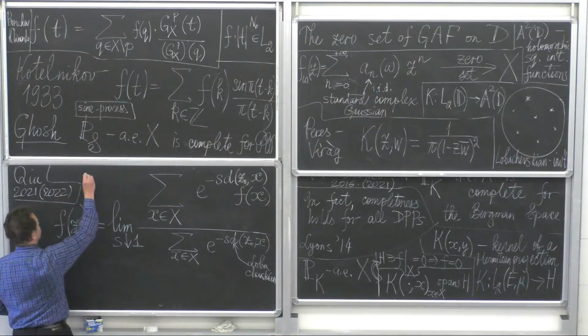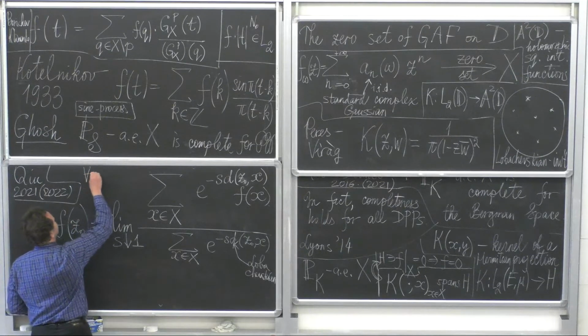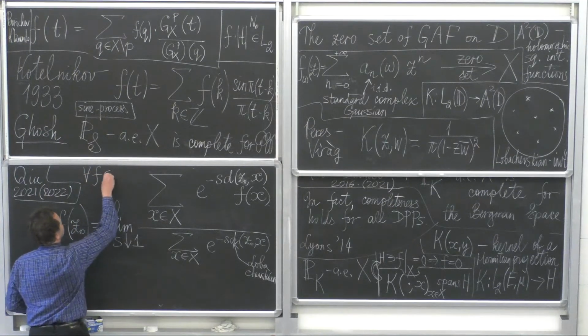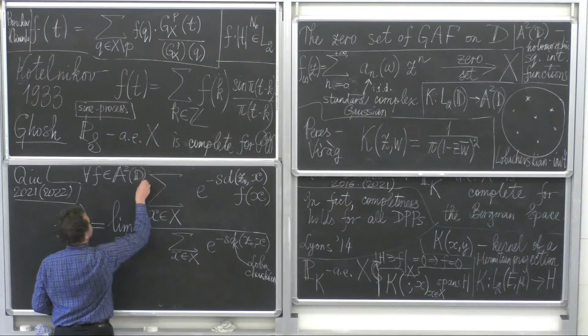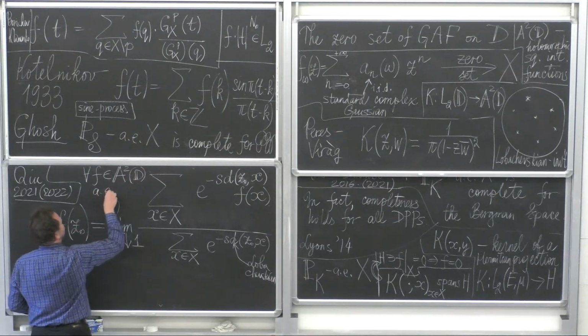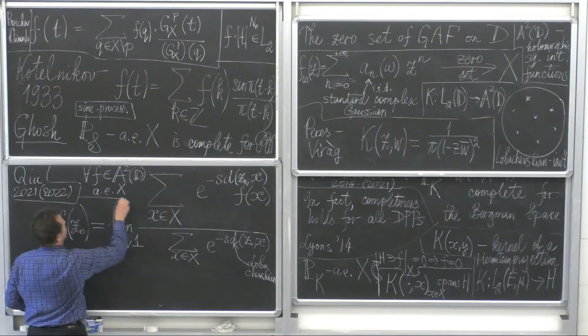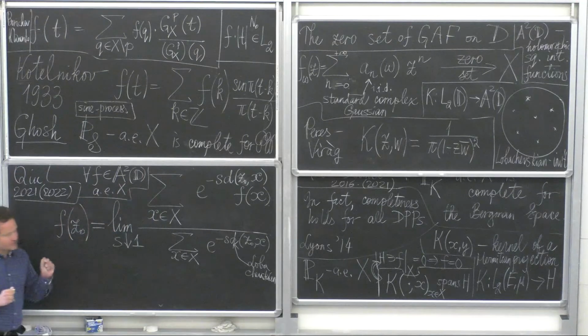So here is the point. This holds for any f in Bergman space, and almost every x. So please observe the order of the quantifiers. For any f in Bergman space, the statement holds almost surely, for fixed f, for fixed Bergman f.